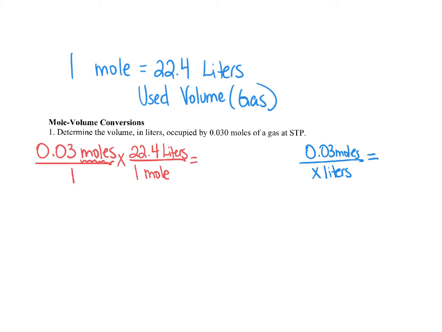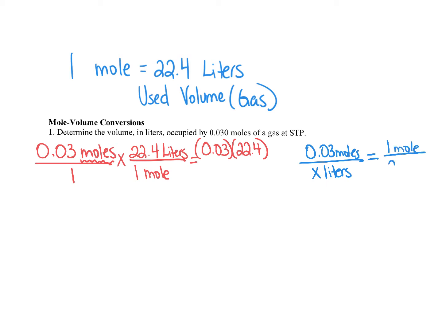Now the nice thing about volume is it doesn't matter what the material is. It is always 1 mole of a gas is 22.4 liters. So you can see mathematically that what we're going to do is take 0.03 times 22.4 in order to solve it. Now, if I do the cross multiply method, I want to have moles on top.